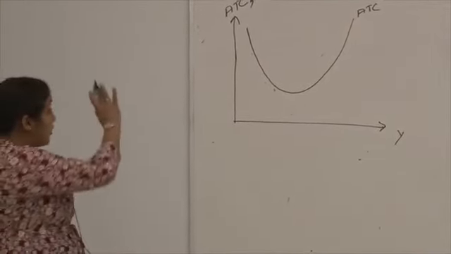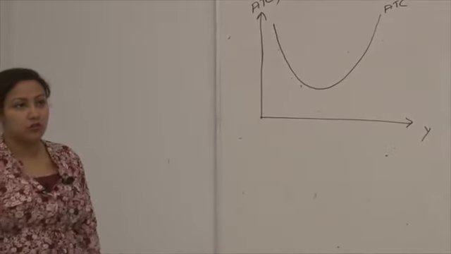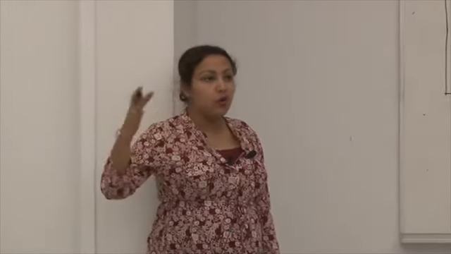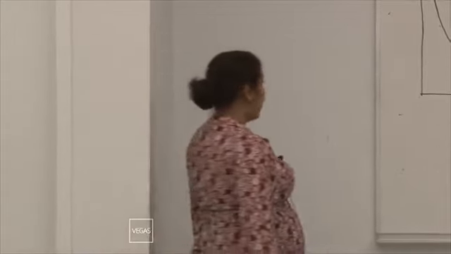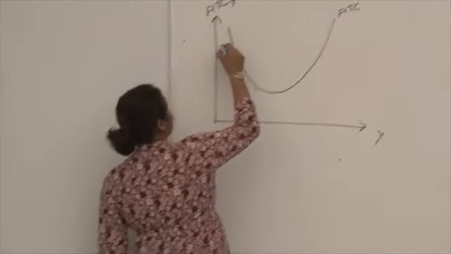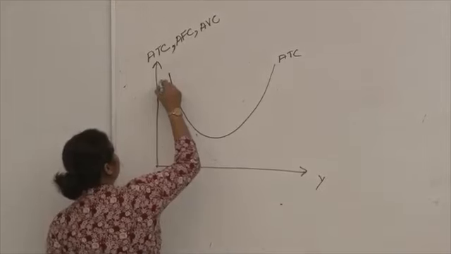If I want to draw the average fixed cost, what will that curve look like? As you produce more and more output, what happens to average fixed cost? You just wrote it down. It goes down, right? So what should that average fixed cost look like in this diagram? Downward sloping, correct?